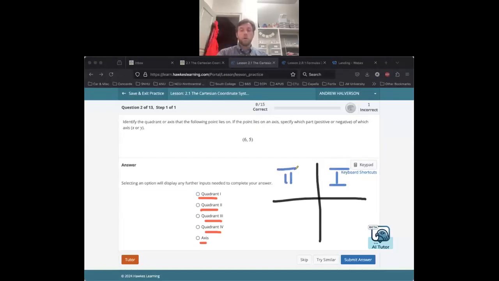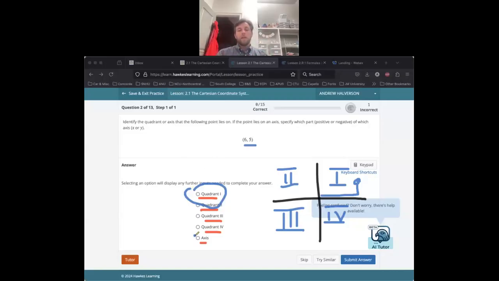Quadrant 2 is the top left, quadrant 3 is the bottom left, and quadrant 4 is the bottom right. So if you have a dot, let's say 6, 5, right 6, up 5, there's my dot. That's in quadrant 1. That's what they're asking here: which quadrant does that dot land on?